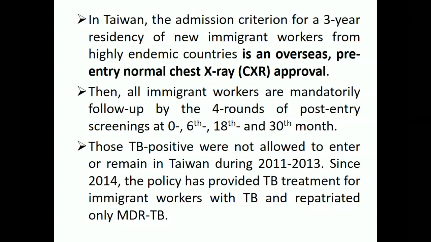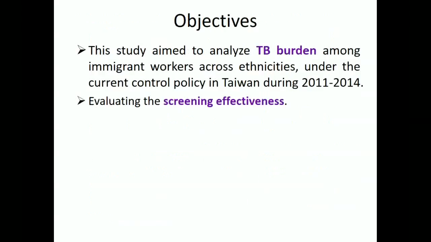Those TB positive cases were not allowed to enter or remain in Taiwan during 2011 to 2030. However, the policy has changed. Only the multidrug-resistant TB cases will be repatriated. So this study aimed to analyze TB burden among immigrant workers under such policy and evaluate the screening effectiveness.